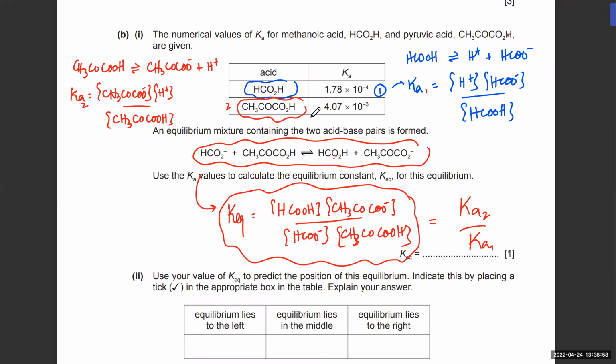If you take this and divide it by this expression, you're going to get this expression, I think. Okay, so that means it's going to be 4.07 into 10 to the minus 3 divided by 1.78 into 10 to the minus 4. Okay, you'll get your answer.